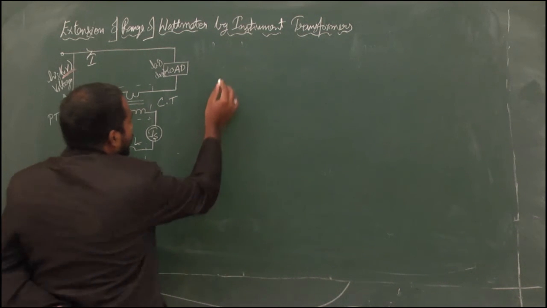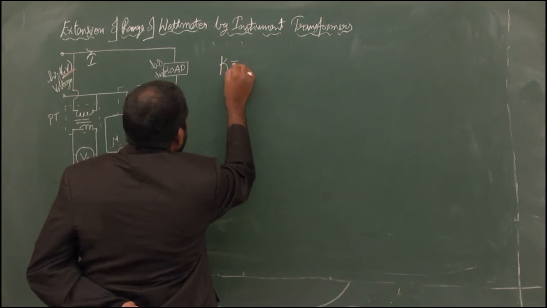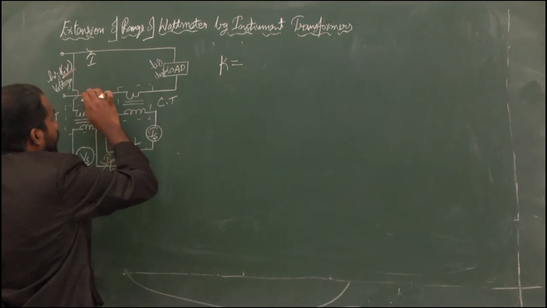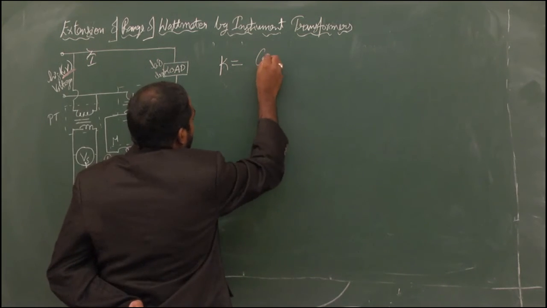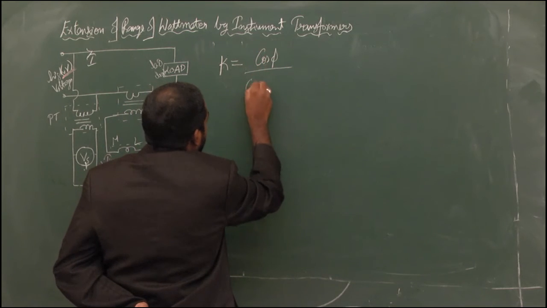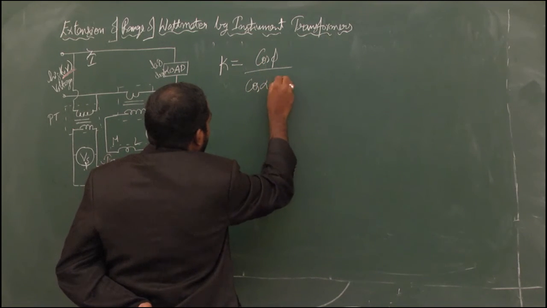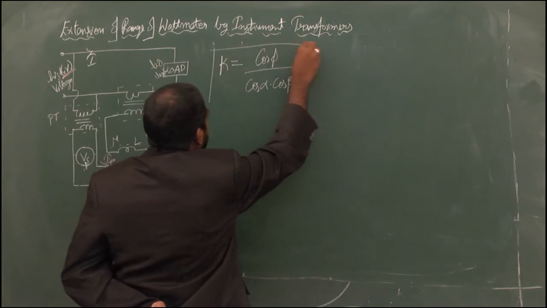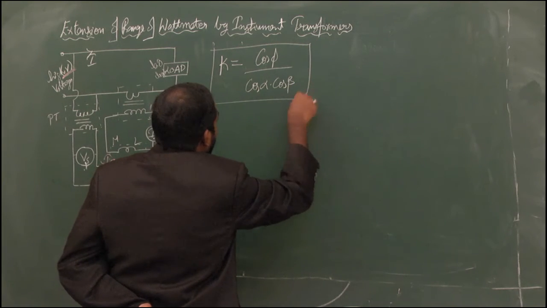Now the correction factor K. The correction factor K for increasing the range of the wattmeter is given by cos phi by cos alpha into cos beta. This is the correction factor K in order to minimize the error.